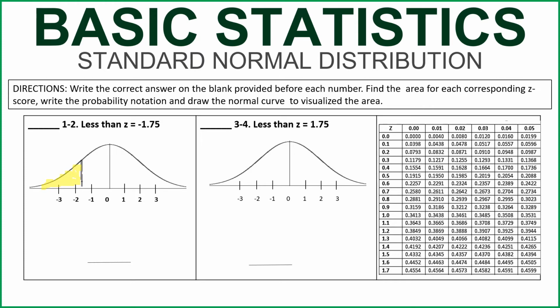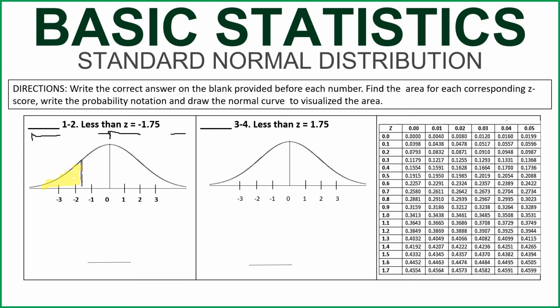Dito, sa right side is positive, sa left side is negative. Let's say, nandito yung negative 1.75 natin. Ayan. So, i-shade natin siya. So, saang part pala i-shade? Dito sa part na to or dito sa kabila? So, okay. Sa left side.